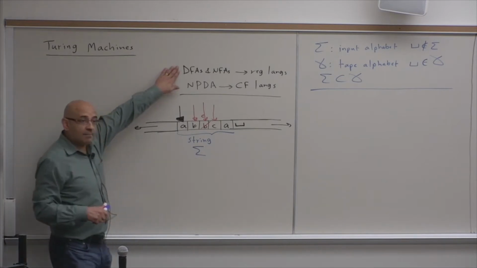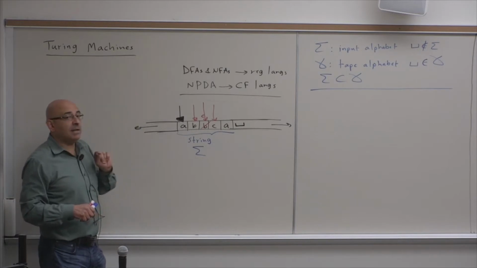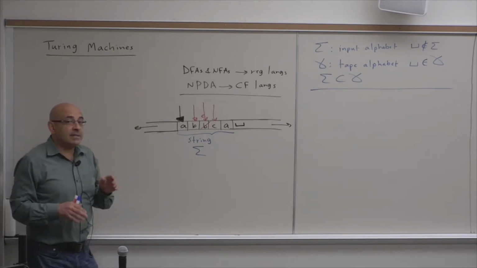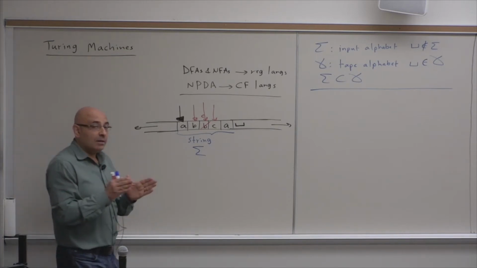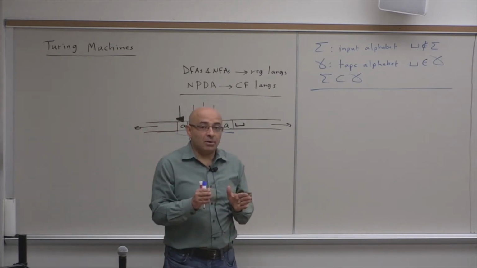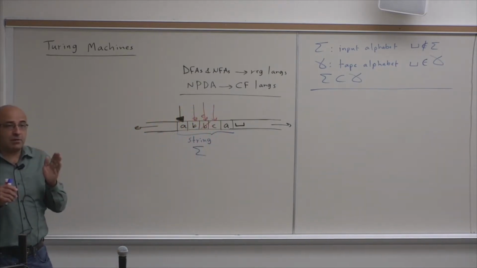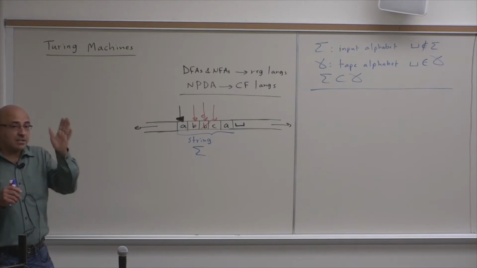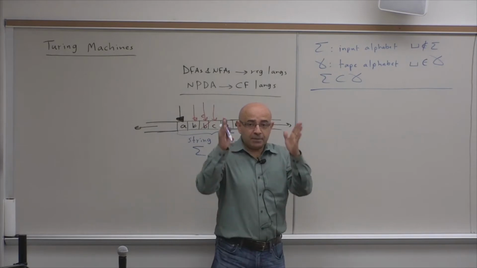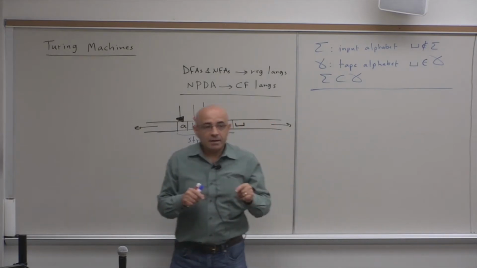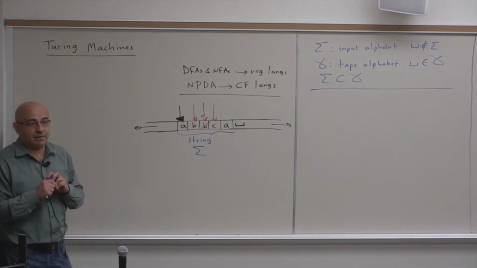Finite automata and push-down automata are guaranteed to terminate within finite time because the input string is finite, and each symbol in the input string is processed only once, is touched once. So a finite automaton or a push-down automaton touches a symbol in the input string only once, and the input string is finite. Therefore, a finite automaton or a push-down automaton is guaranteed to terminate within finite time.